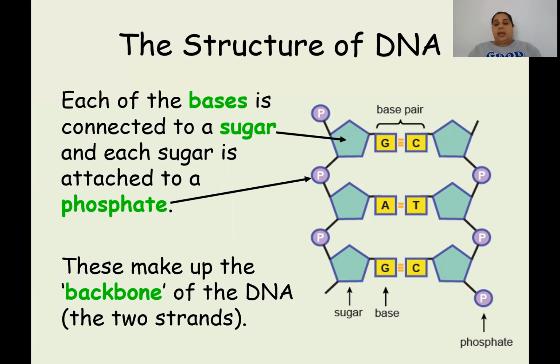So it's a pentose sugar, which means it's got 5 carbons, hence that shape. Specifically, it's called ribose, which you might recognize, part of that anyway is in the word DNA. And that ribose sugar has a phosphate group attached to it, and it runs all the way down on both sides, and that is known as the backbone of the DNA.